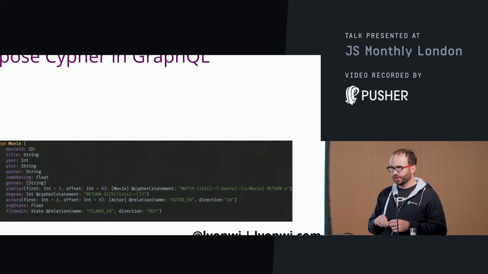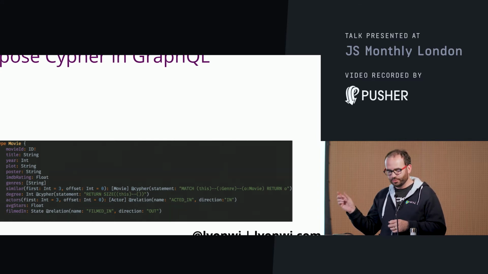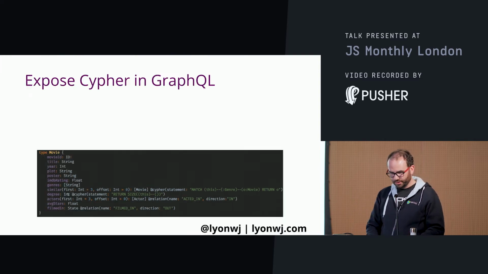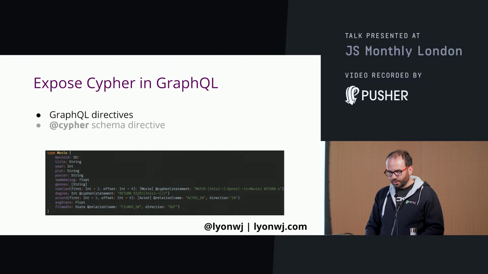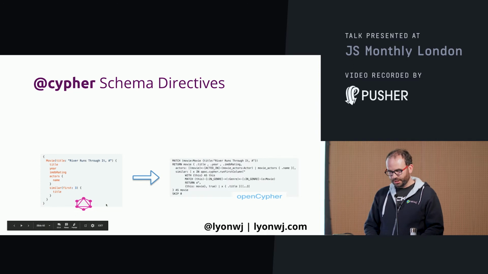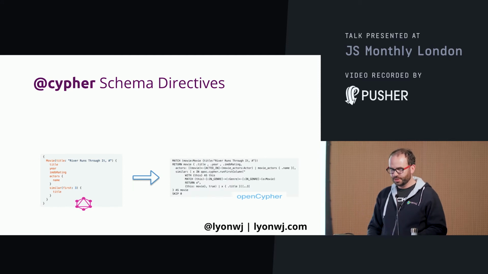But we could have a much more complex query there looking at user ratings or something like that. That then becomes a computed field. That's the idea of the Cypher schema directive, and it's still just one Cypher query that we are able to generate. That computed field essentially becomes a subquery in our Cypher query.